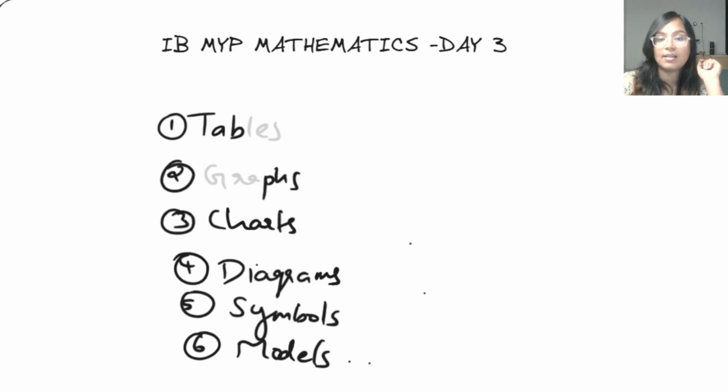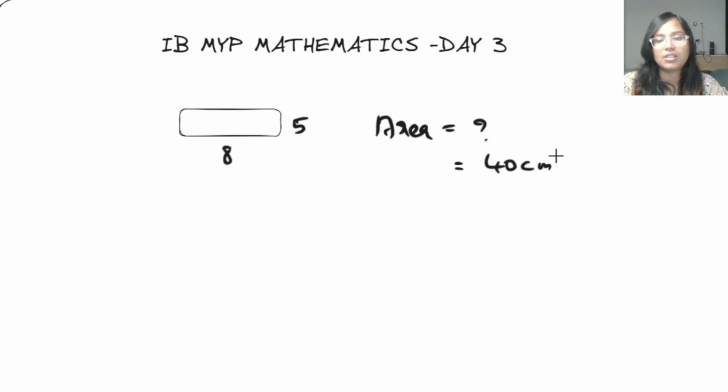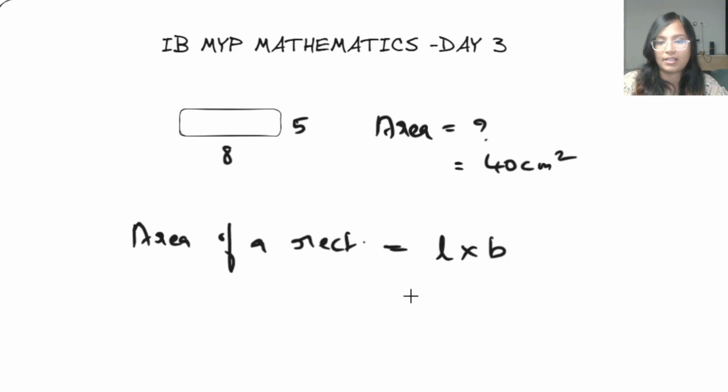Let's look at another example. A rectangle has a length of 8 cm and a width of 5 cm. Find the area. Most students will write the correct answer, 40 cm squared. It is correct. But let's communicate our reasoning. Area of a rectangle is equal to length into breadth.